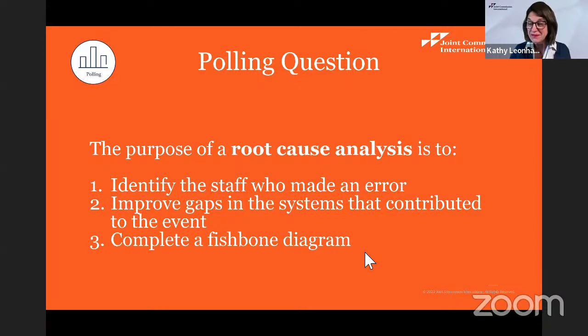So that really is the correct answer. When we think about a root cause analysis, it's always important to focus not on the who, but on the what and the why. Understanding those gaps in your processes, your systems that led to that undesired outcome, such as harm, right?